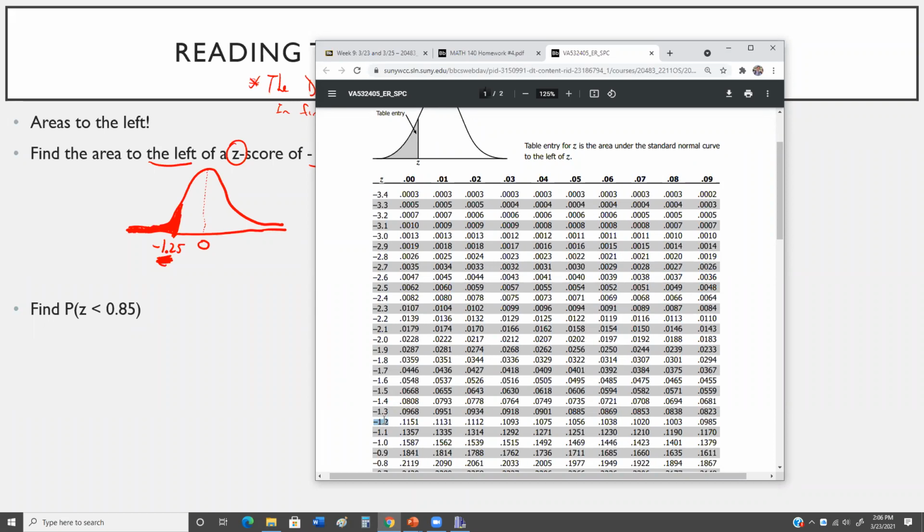You see that? And then at the top, you go to the last digit of your z-score, which is a 5, so negative 1.25. Then you look where they intersect. Look where the negative 1.2 and the 0.05 intersect. Can anybody tell me what number they see right there? That's your answer right there.